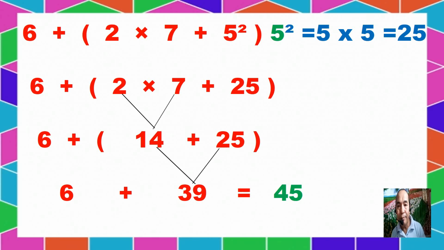So, 14 plus 25 will give us 39. The remaining operation is 6 plus 39. So, the result is 45. So, this is how we perform the mathematical expression, finding its value, applying the rule of GEMDAS.